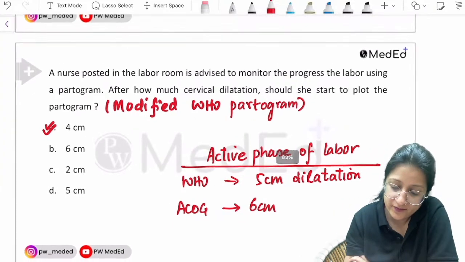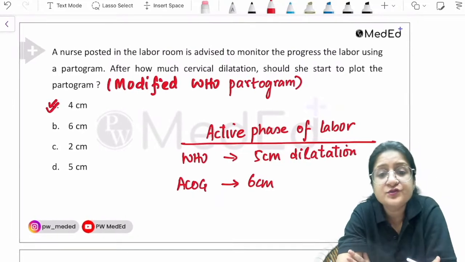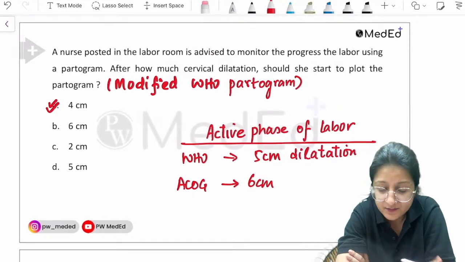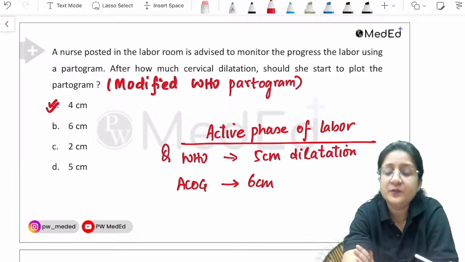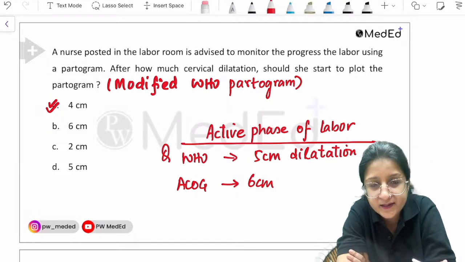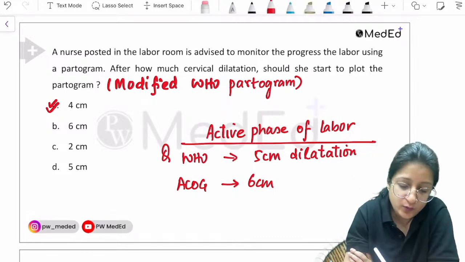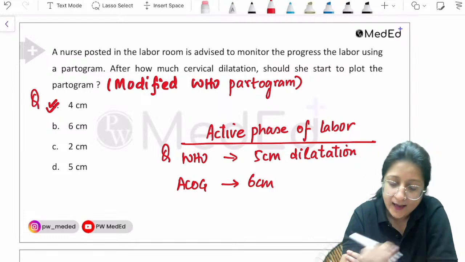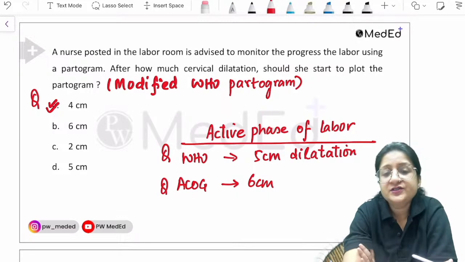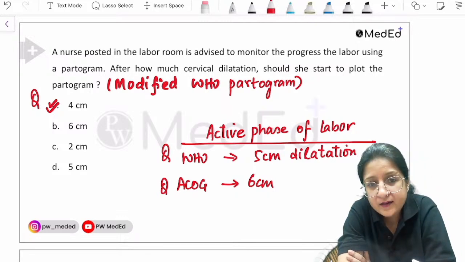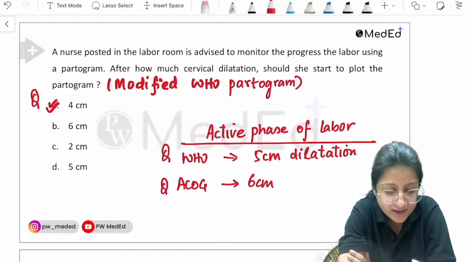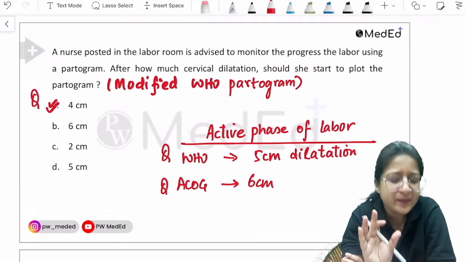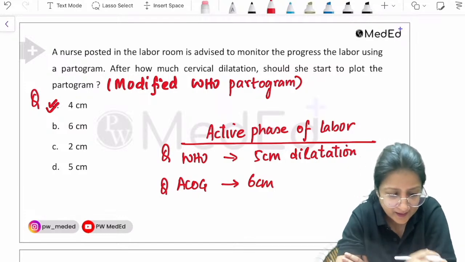So if they ask you active phase of labor, you'll have to see what they are specifying. Sometimes they have asked specifically what the WHO says, then it is 4 centimeter dilatation for the plotting of partogram. And the clinical questions that we ask are dependent on the American guidelines, which is 6 centimeters. So just remember this much should be enough.